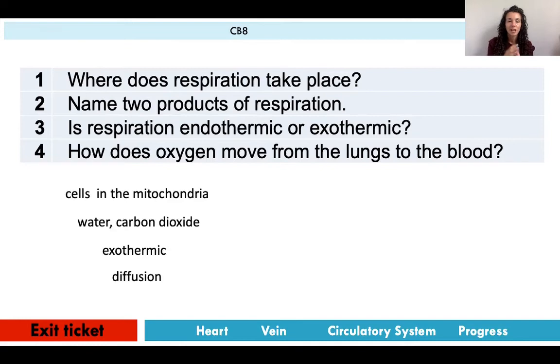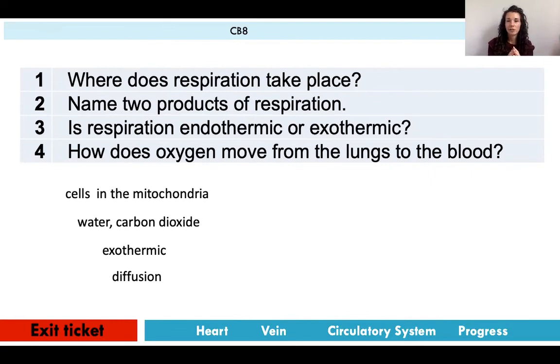Well done. So where does respiration take place? It takes place inside the cells, inside those tiny organelles called mitochondria. Name 2 products of respiration: water, carbon dioxide. Is respiration endothermic or exothermic? So an endothermic reaction, you might know this from chemistry, but you might not.